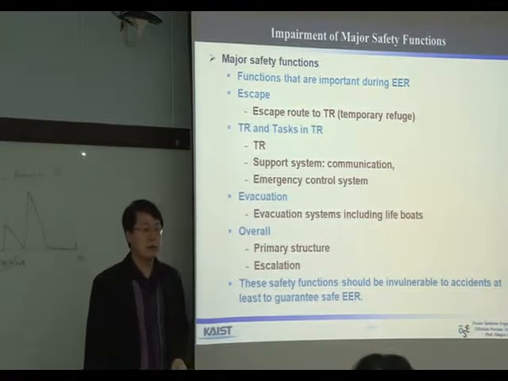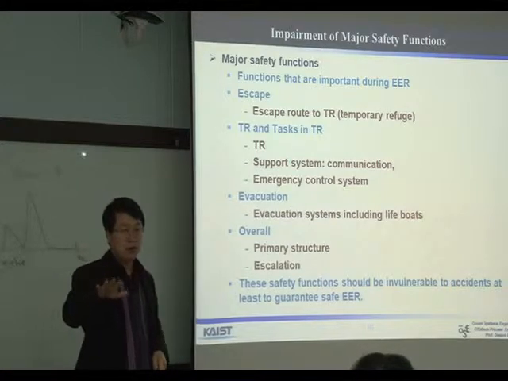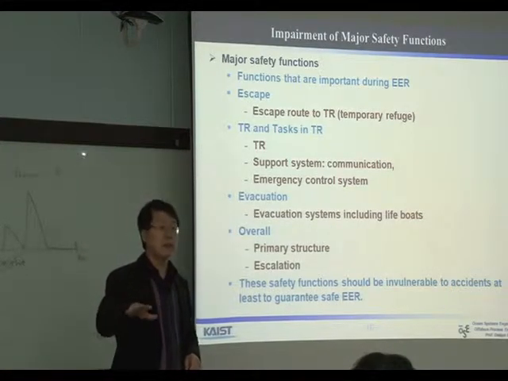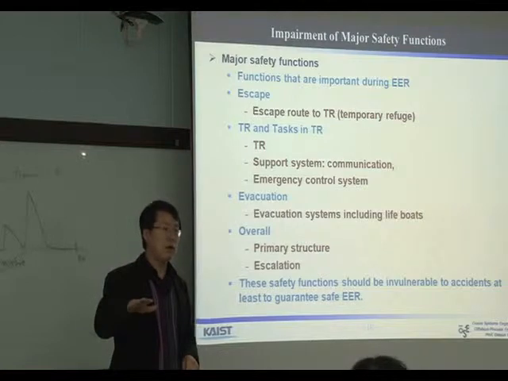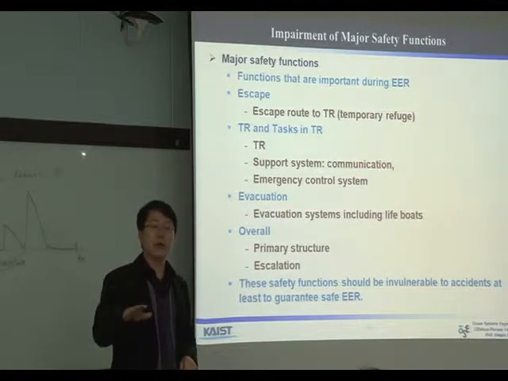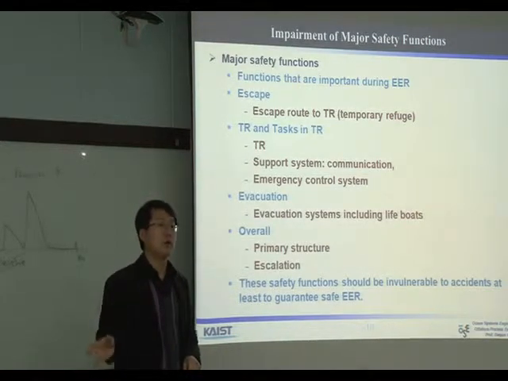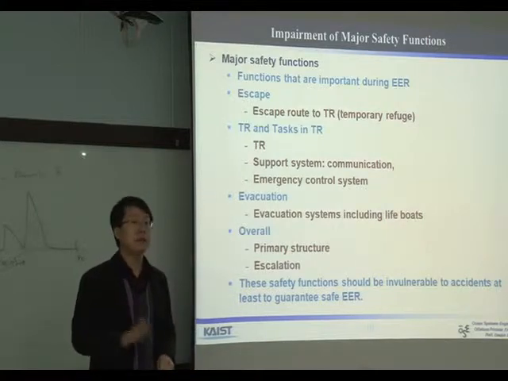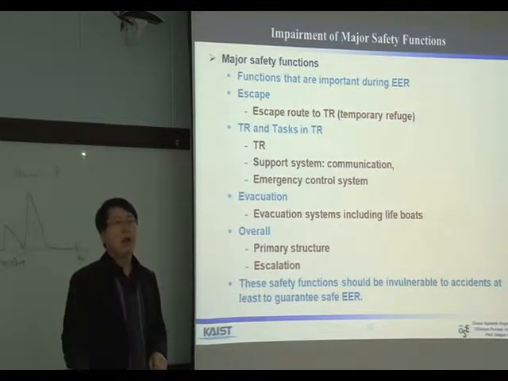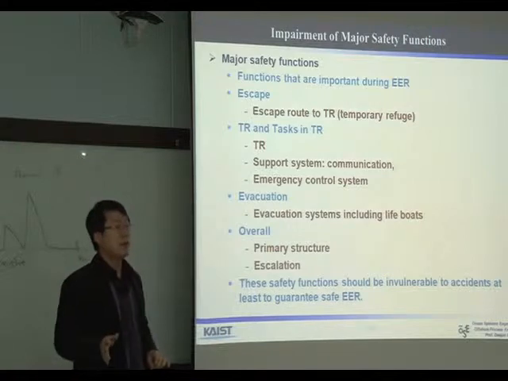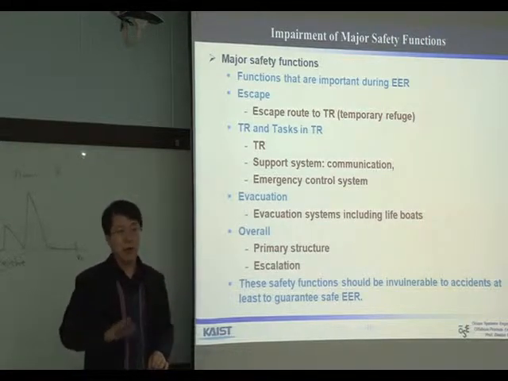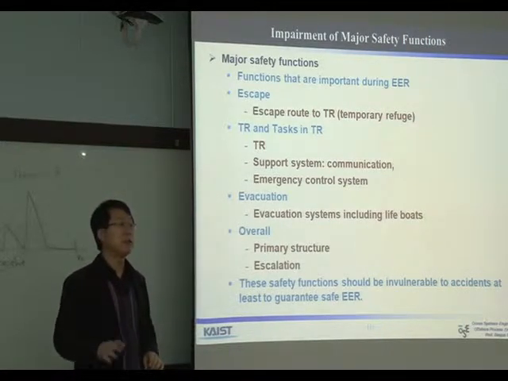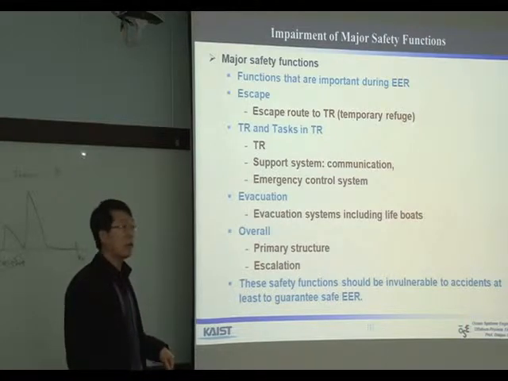Emergency control system. There should be a kind of control system. The role of the control system is to control the situation in an emergency case. So we don't mind the small things. We mind only the big things concerning the big accident.